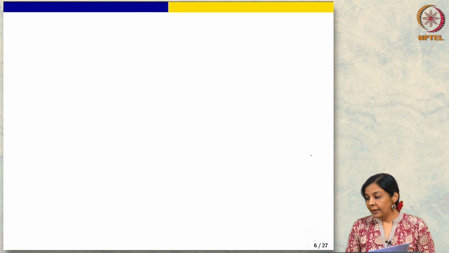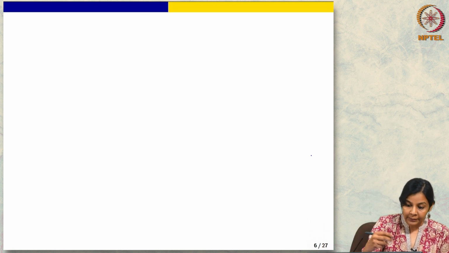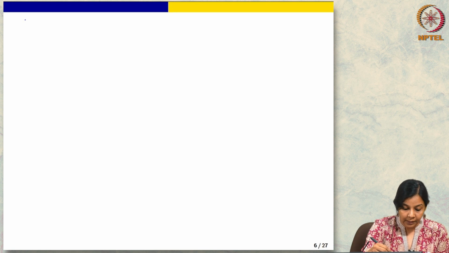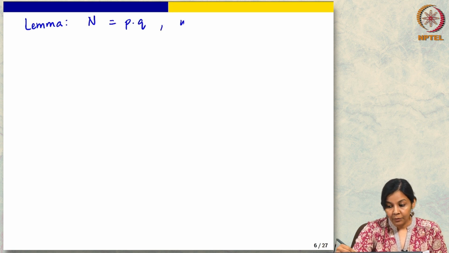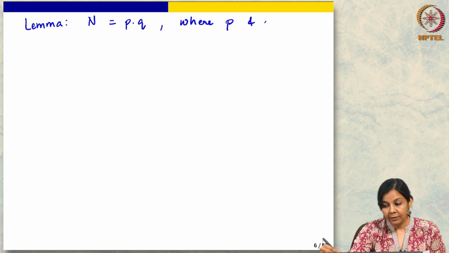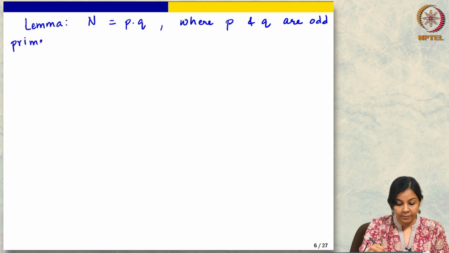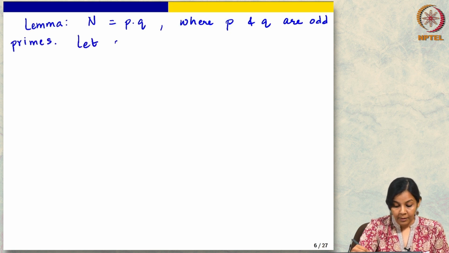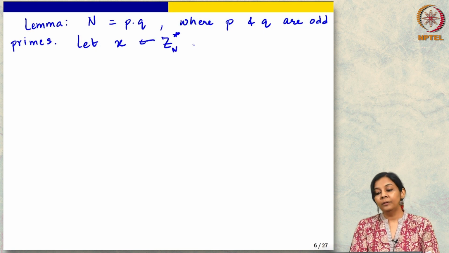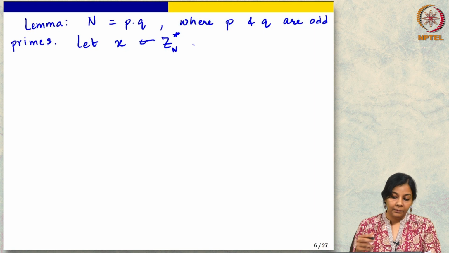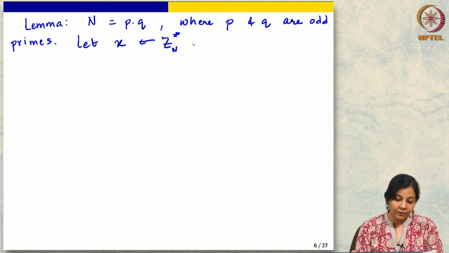Good. So, now let's prove the main lemma that we need here for the reduction to work. Recall that n is p times q, and let us say that p and q are odd primes. Let x be taken uniformly from Zn star. Now, how many elements are there in Zn star? Phi of n, that is Euler's function.